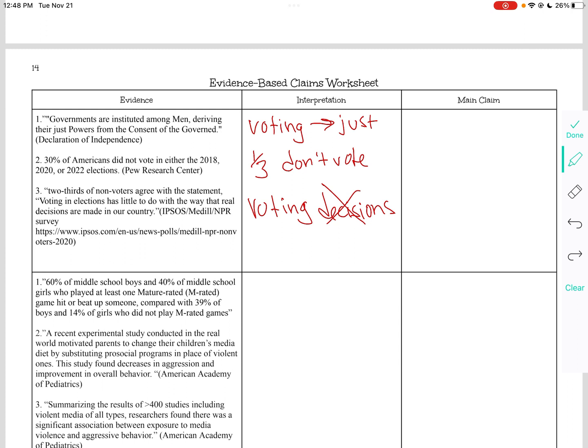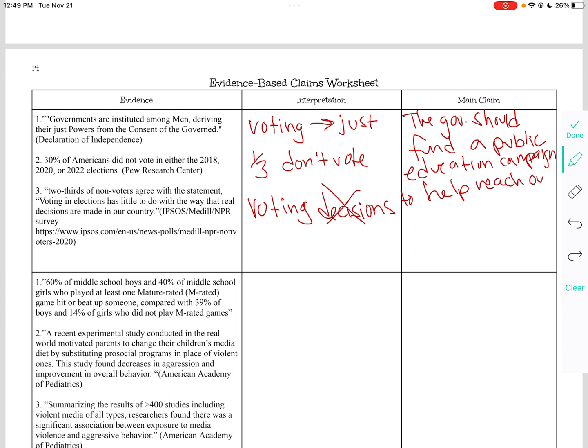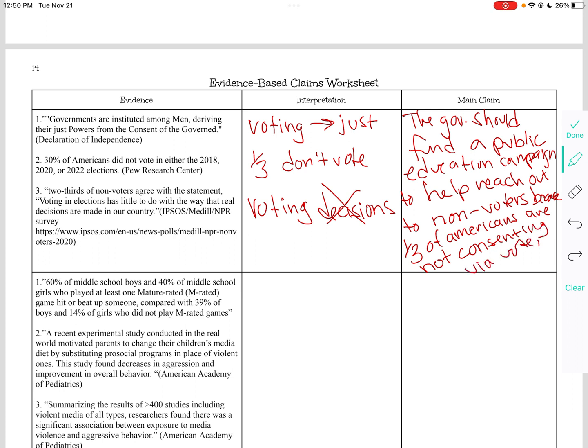Let's do the government. So let's say the government should fund a public education campaign to help reach out to non-voters because 1/3 of Americans are not consenting via vote, making our government unjust.